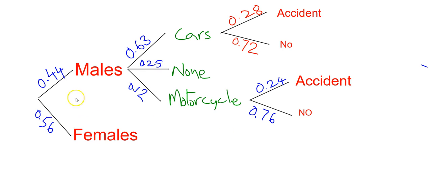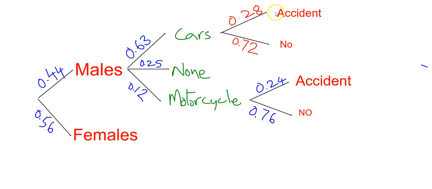Out of the whole school, there are 0.44 males. Out of 0.44, 0.63, that is 63% are owning cars, 25% they don't own anything, and 12% they are owning motorcycles.